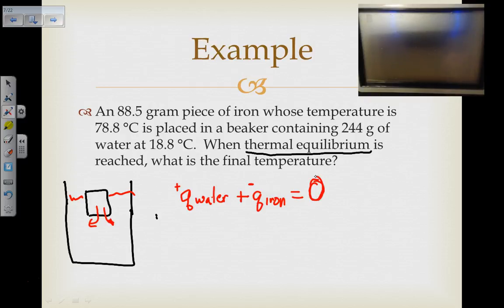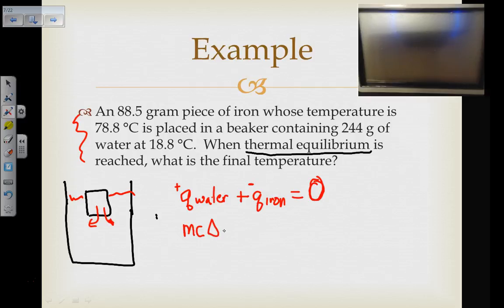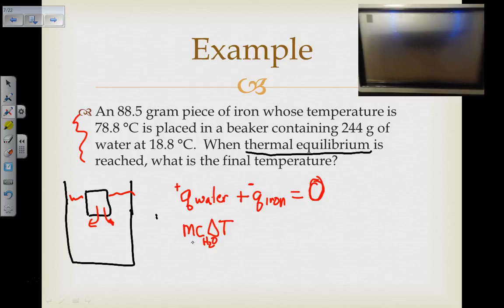So this becomes an interesting thing. We don't have the amount of heat being transferred. But do we know what the Q of the water is? Sure. The Q of the water is mc delta T, and this is going to be the C of H2O and the mass of H2O. So all of this is all about H2O here.